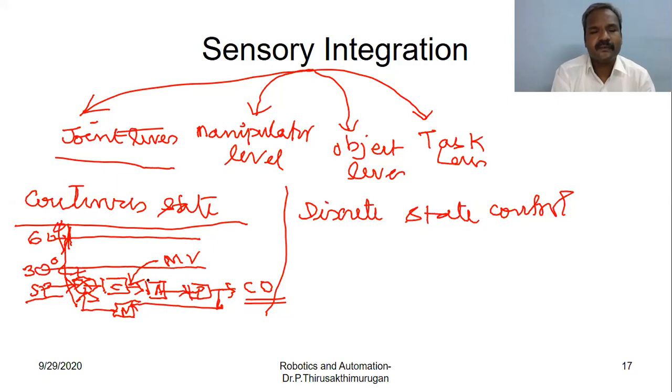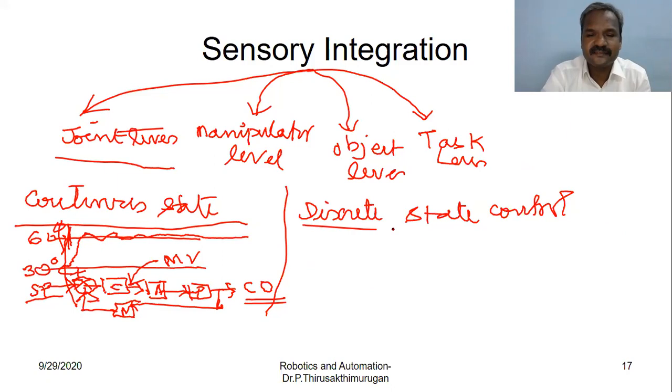So this feedback control system will maintain it. We may fix any type of controller, maybe P, PI, PID or any controller or on-off controller. From 30 degrees Celsius, it moves up and regulates, finally settling at 60 degrees. So the continuous state control system regulates about the set point. It maintains the set point, operates about the set point. That is continuous state.